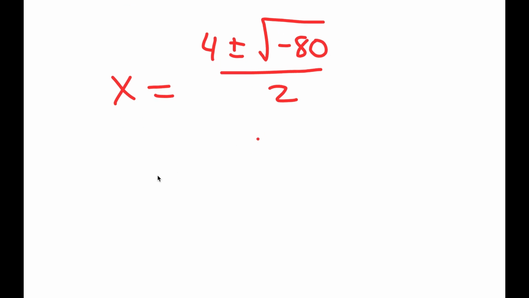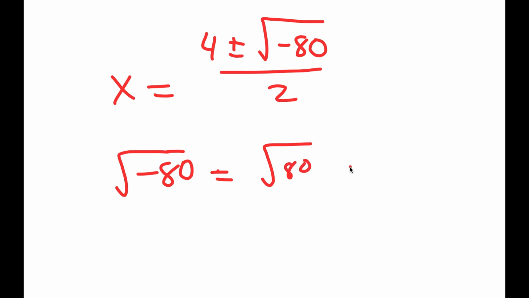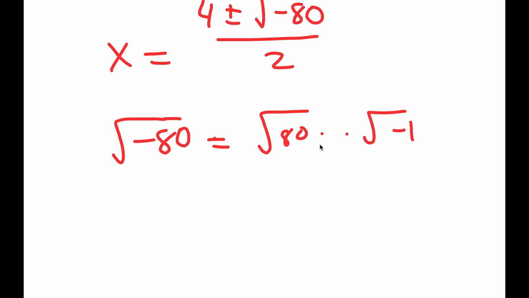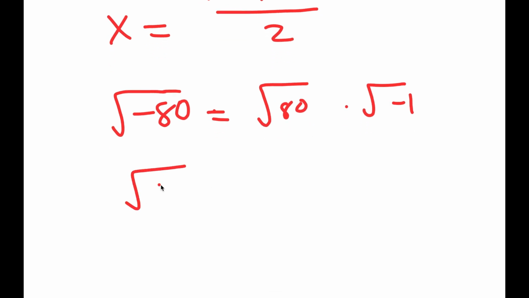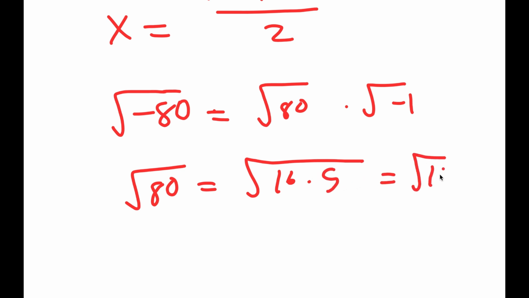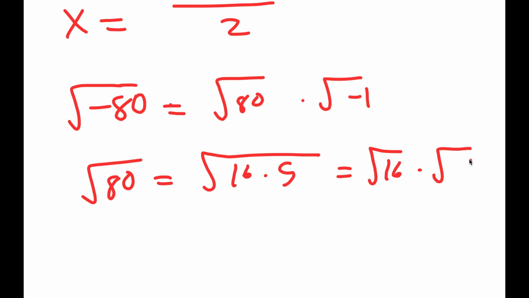Now, the square root of negative 80, I can rewrite as the square root of 80 times the square root of negative 1. And before I do anything with the square root of negative 1, I'm going to first simplify the square root of 80. So the square root of 80 is equal to the square root of 16 times 5, which is equal to the square root of 16 times the square root of 5, which is equal to 4 root 5.